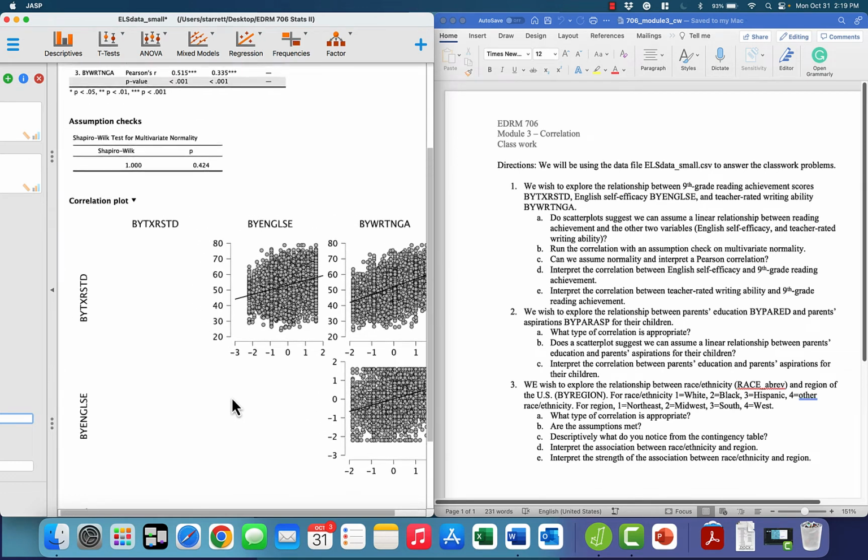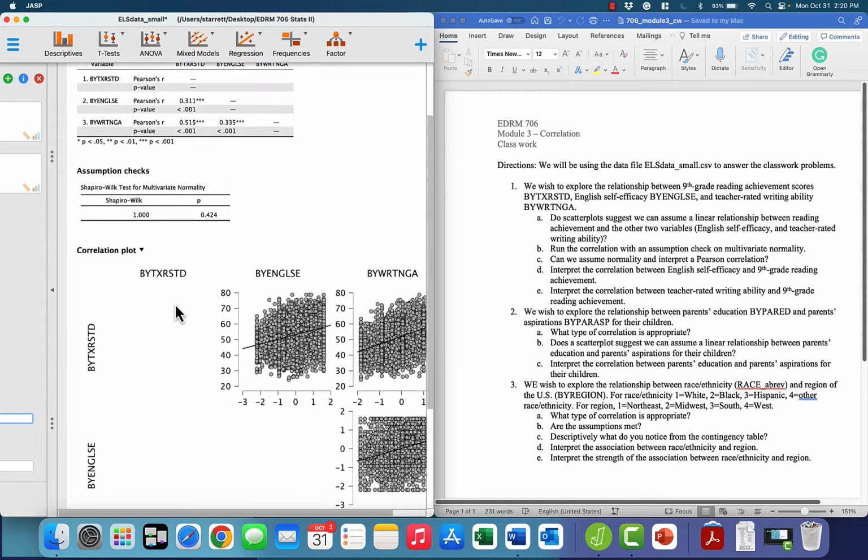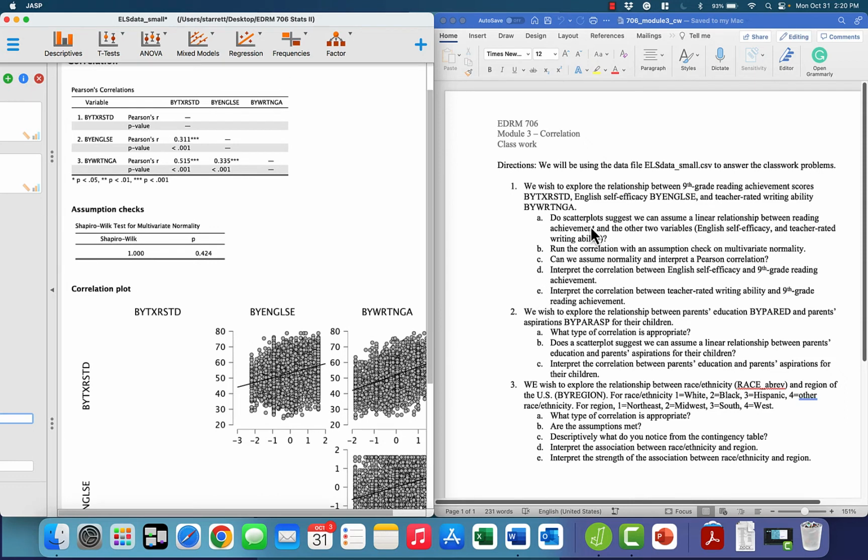All right, so let's take a look at JASP. And we see with scatter plots, with all the pairwise scatter plots, we see linearity, that we can most likely assume linear relationships between these variables. So do scatter plots suggest we can assume a linear relationship? Yes, they do.